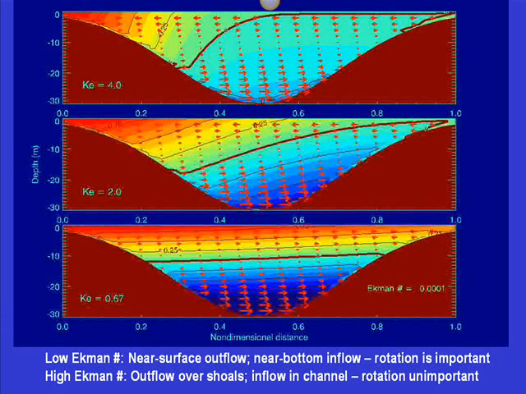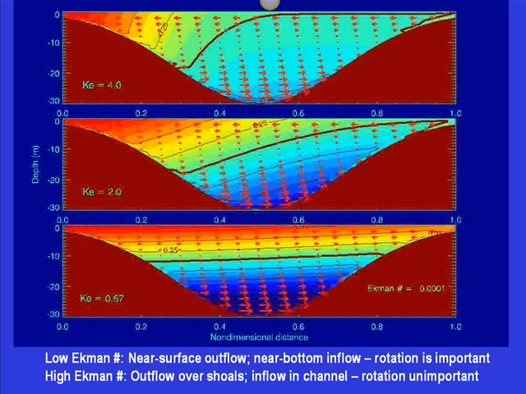Okay, so before we get there and discuss what important part of the dynamics might be missing from this dynamical framework, we can also say that these exchange patterns are not only dependent on the Ekman number, but also on how wide the system is. Remember we talked about the internal radius of deformation?